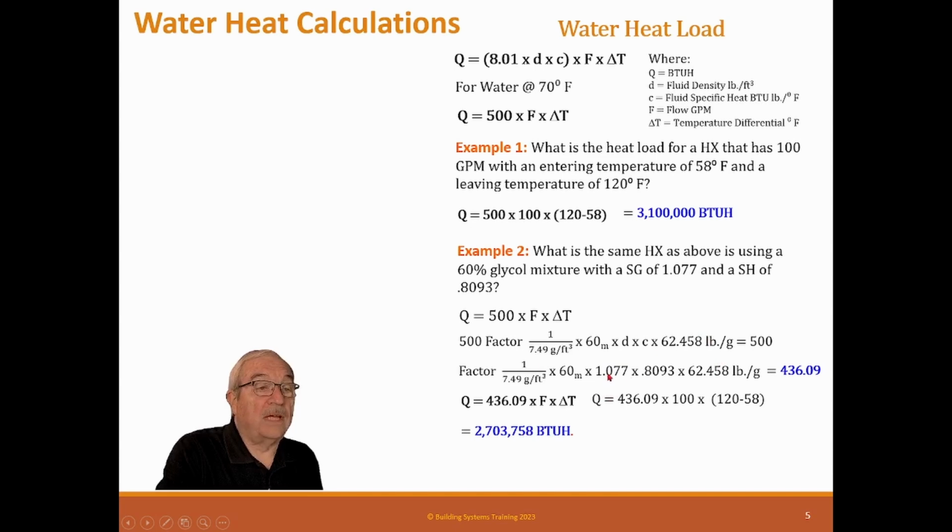So the glycol protects the fluid from freezing, but it doesn't transfer energy as well as water. So the total BTU capacity of the heat exchanger goes down. And this is why I'm always checking this when I check a submittal, because if it has high glycol, you have to have a bigger heat exchanger to transfer the same amount of heat as you would with pure water.